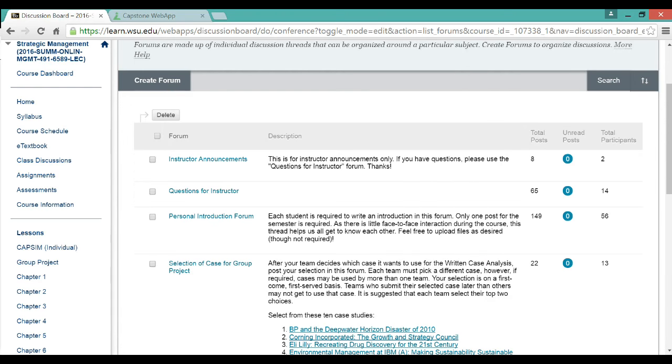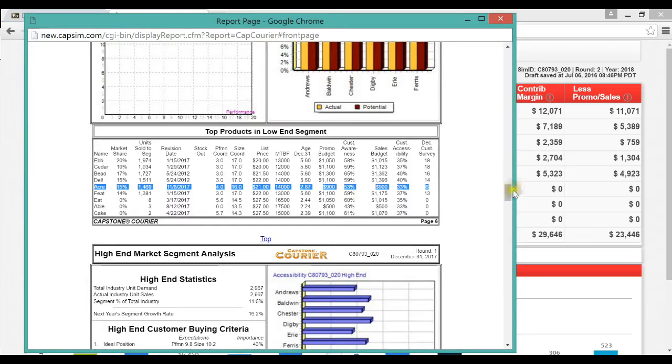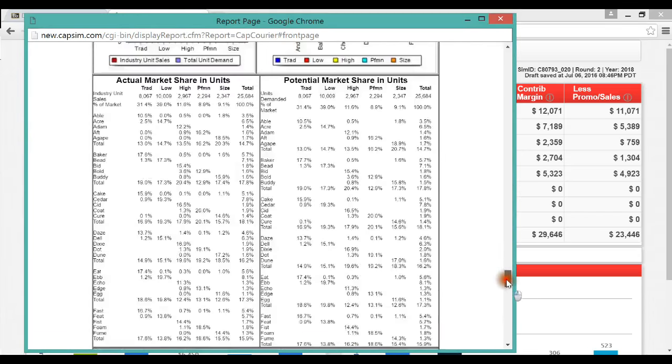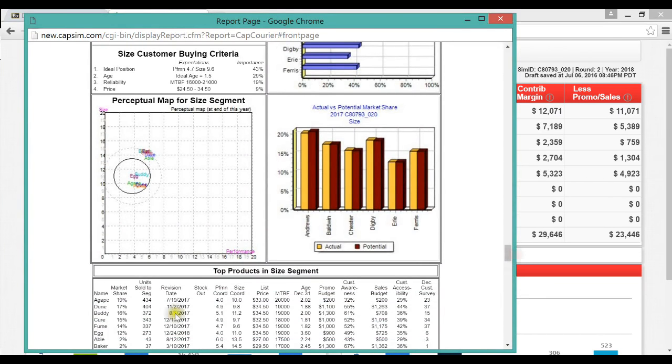Lastly is Agape. Whoops. So if I scroll all the way to the bottom, I'm looking for the last market segment here. Here we go. So Agape, remember I'm the market leader here, but still I have by far the lowest sales budget and the lowest promo budget.